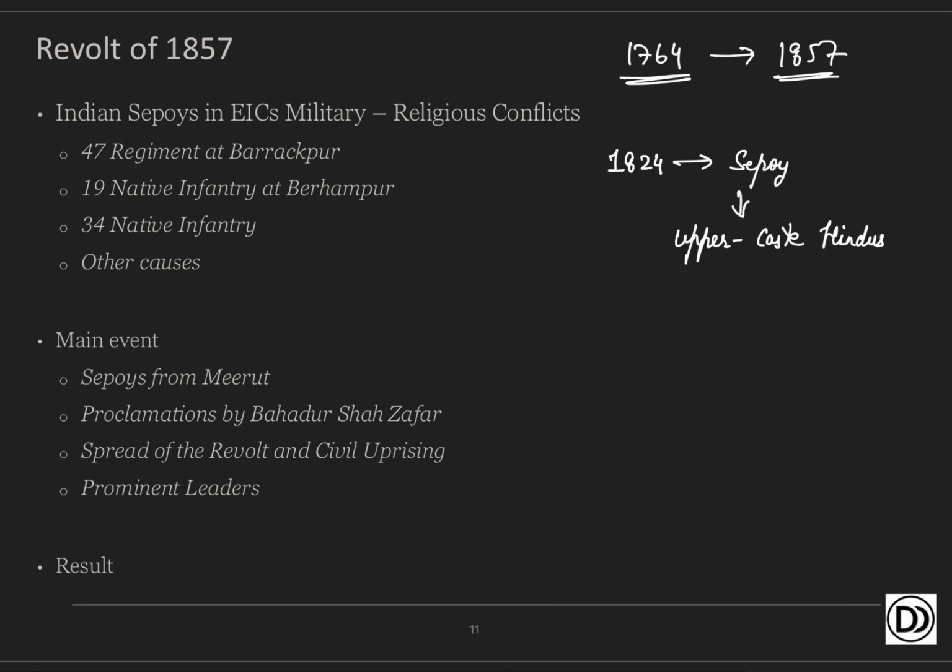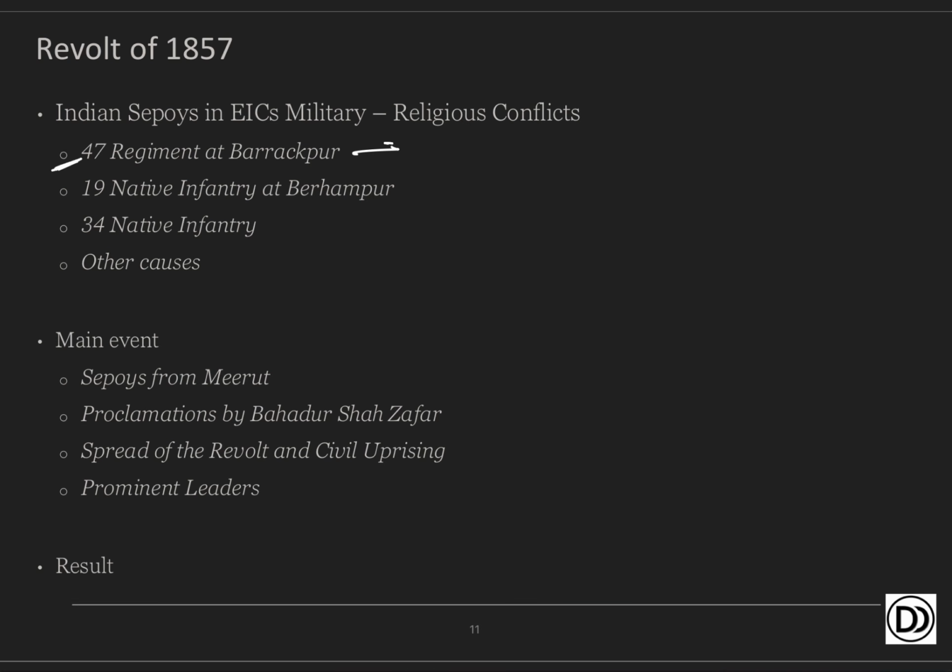As soon as they were deployed outside the Indian territory, it was not possible to cater to these demands of the sepoys. Let us take an example: the 47th Regiment in Barrackpore was ordered to go to Burma.